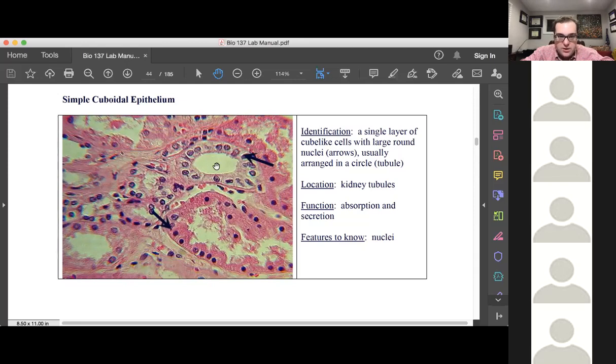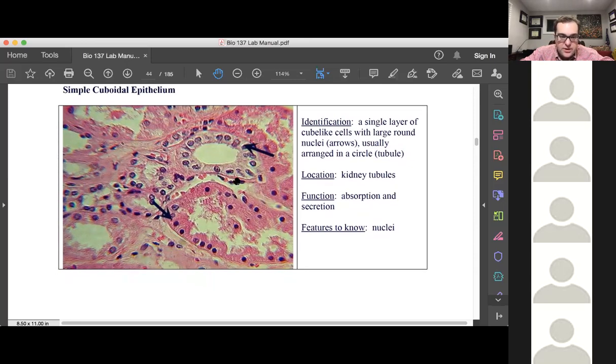Say we ate a bunch of bananas, which are high in potassium. Your body does not want a bunch of potassium because it will stop your heart. So we may excrete a lot of the potassium into these renal tubules, otherwise known as urination. It leaves the body.